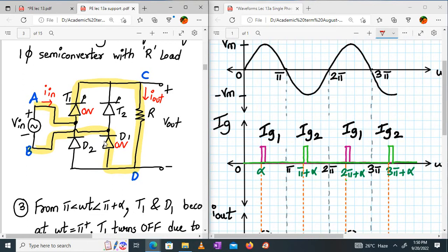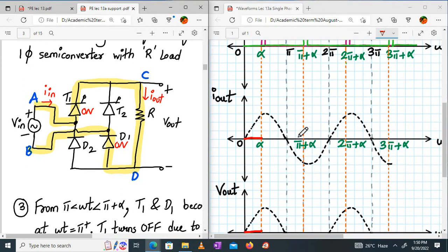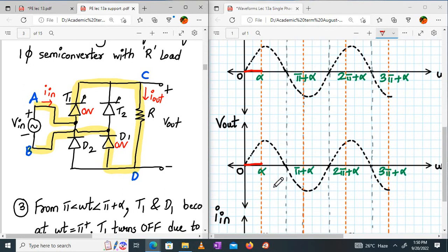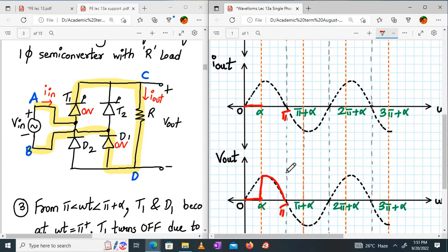Is this clear? So how will you draw this? What about I out? I out will be V out upon R. V out is Vm. So first of all we'll draw V out. So V out will be equal to V in till pi. This is pi. What about I out? I out will follow the same nature, but here this is Vm, and this will be Vm upon R. Understood?